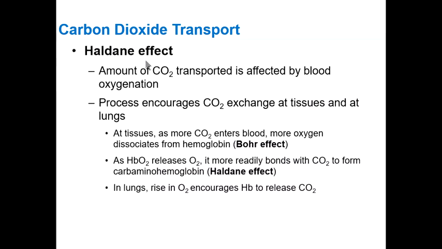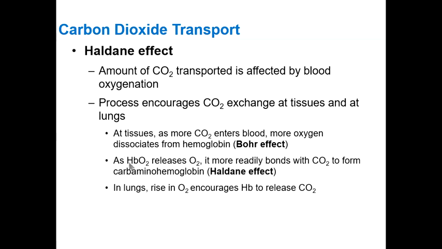So the Haldane effect states that the amount of carbon dioxide transported is affected by blood oxygenation. This encourages carbon dioxide exchange at the tissues and at the lungs. So at the tissues, we saw that as more carbon dioxide enters the blood, more oxygen dissociates from hemoglobin, the Bohr effect, right? So that the oxygen can leave the hemoglobin and enter our tissues where it's needed.